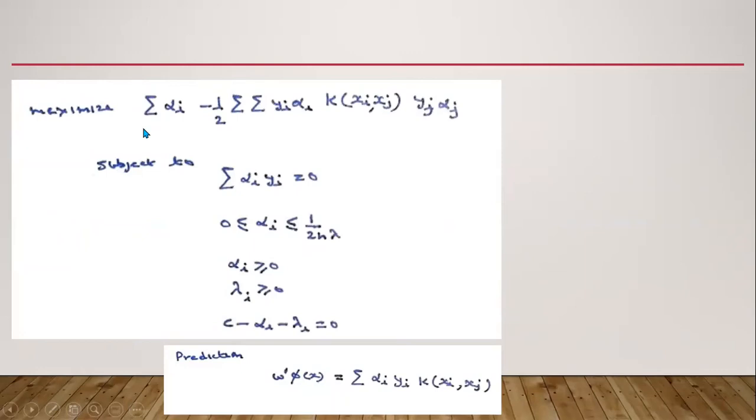So the final equation is that we need to maximize this term subject to these constraints, and the prediction is given by this. So this is a very simplified form we get after solving using the Lagrange multiplier.